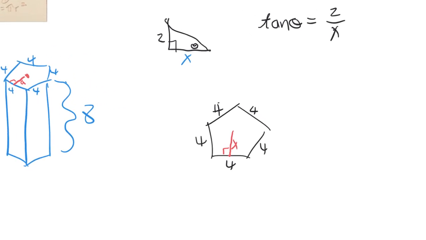We don't know what that is yet. But we could recognize that there is indeed a right triangle inside there. We also know that this green part happens to be 2, because that's half of this side length here. So really, all we need to do is get clear on what that angle right there is.